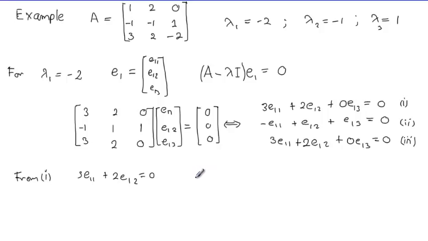This tells us that E11 is equal to minus 2 over 3 E12.